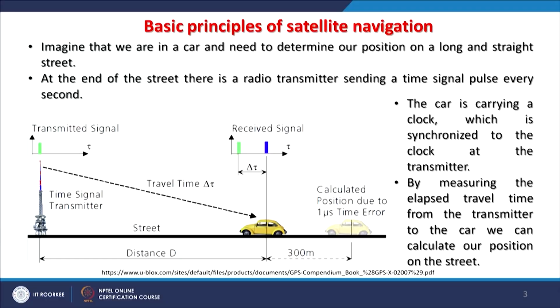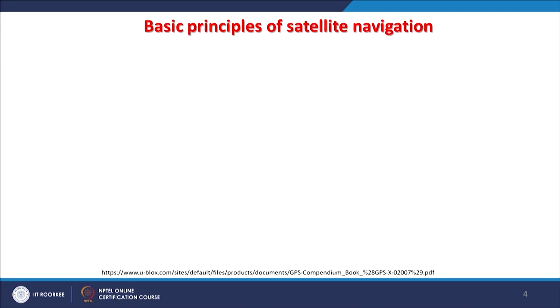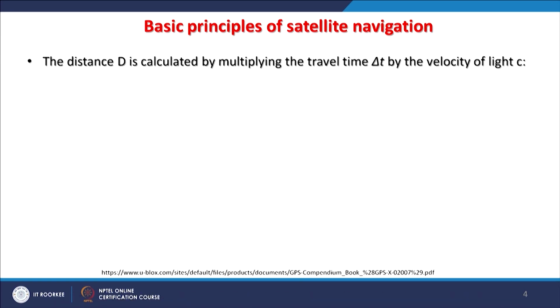Then, by measuring the elapsed time from transmission up to the receiver and multiplying by the speed of light, we get the distance d, that is, multiplying the travel time delta t by the velocity of light c.